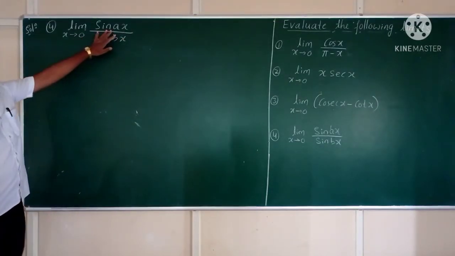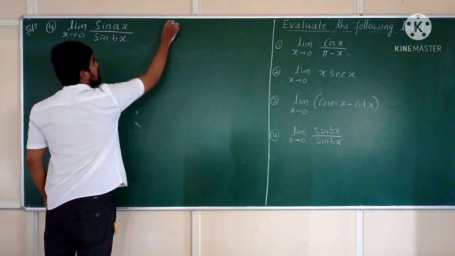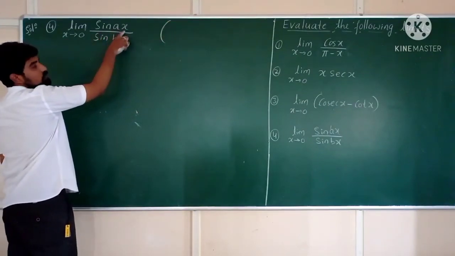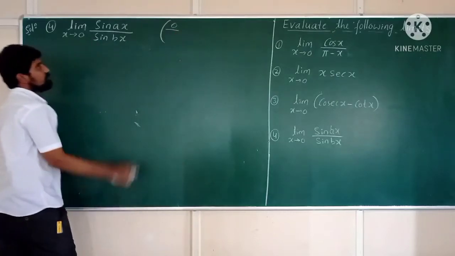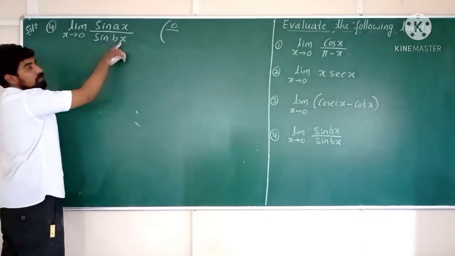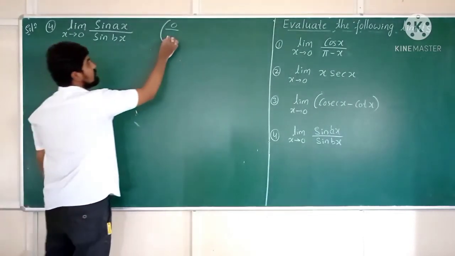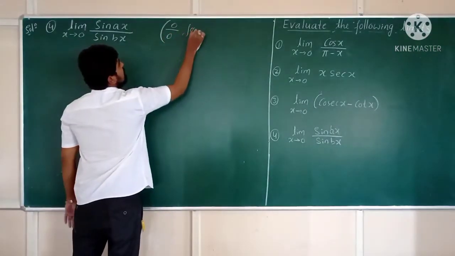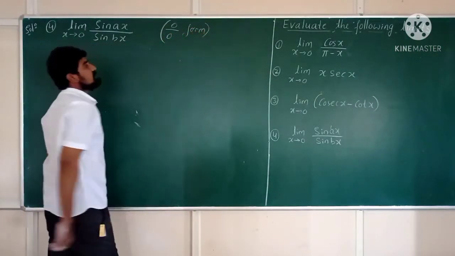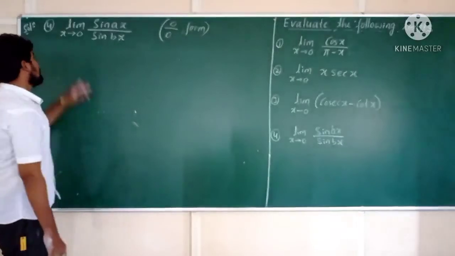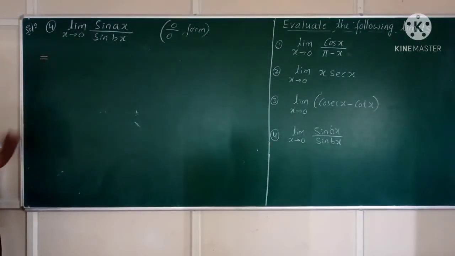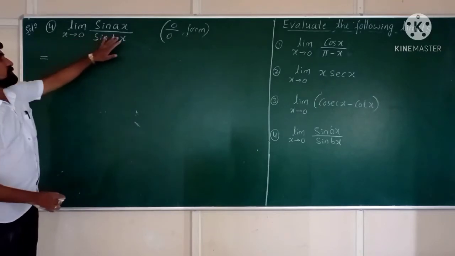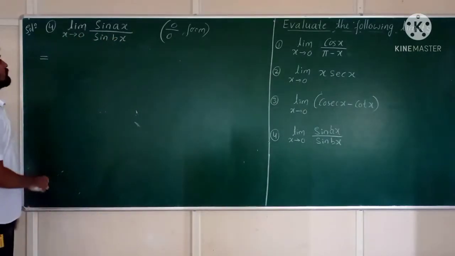If I substitute x is equals to 0 in this function, sin a into 0, sin 0, the value of sin 0 is 0, divided by sin b into 0, sin 0, the value of sin 0 is 0. It means this given function takes 0 by 0 form at x is equals to 0. So it means we cannot directly substitute the value of x is equals to 0 in this function.